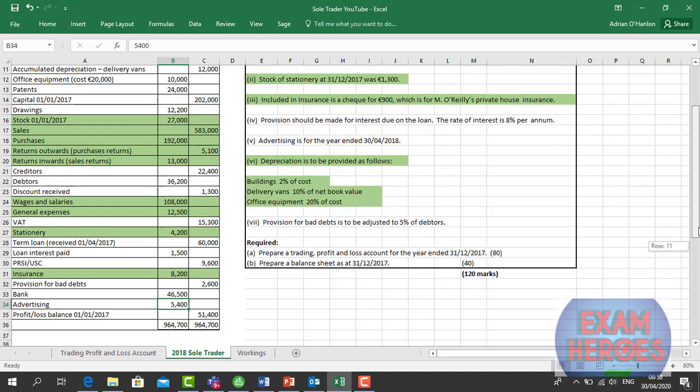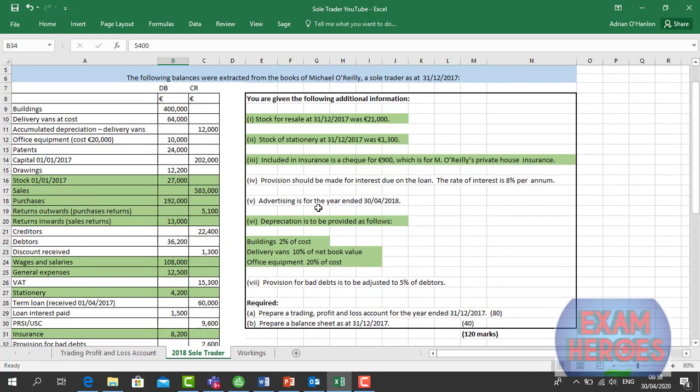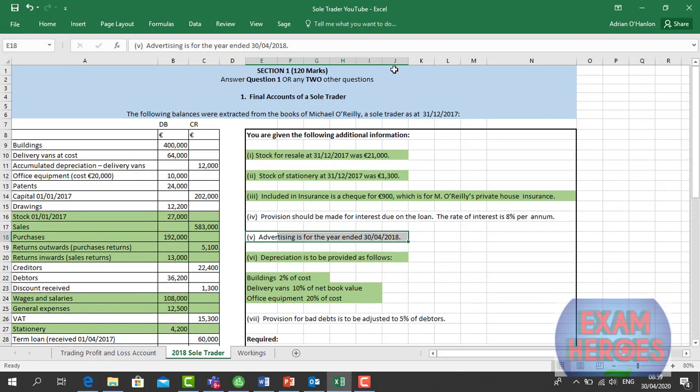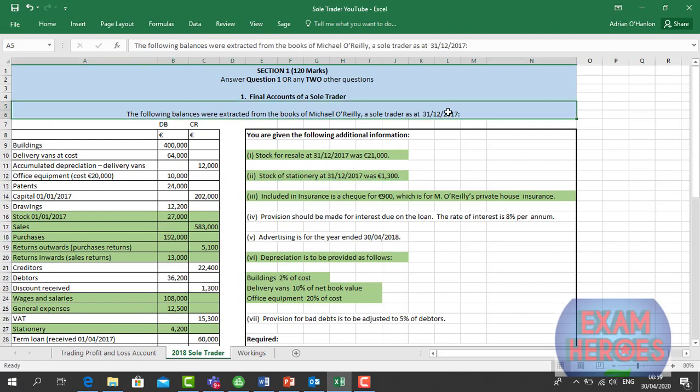Let's check. Usually there's additional information in advertising, and it says here advertising is for the year ended 30th April 2018. What this means is that our profit and loss account ends at the 31st of December 2017, but the account for advertising carries on until 2018 for January, February, March and April.